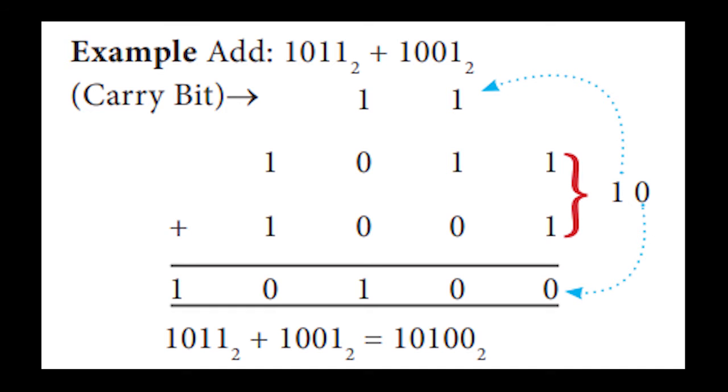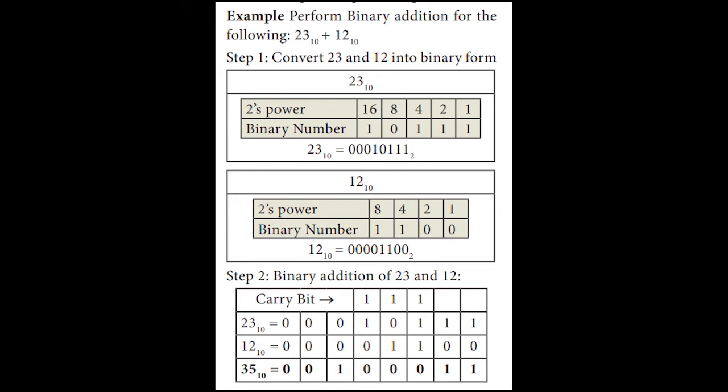Here they have given an example. Perform addition for the following: 23 plus 12. The base they have given is 10. That means this 23 is a decimal number and this 12 is a decimal number, right? So we have to convert these decimal numbers to binary first. 23 we are going to convert into a binary number first.